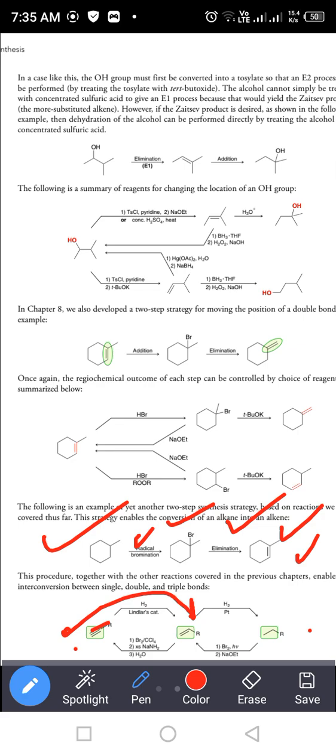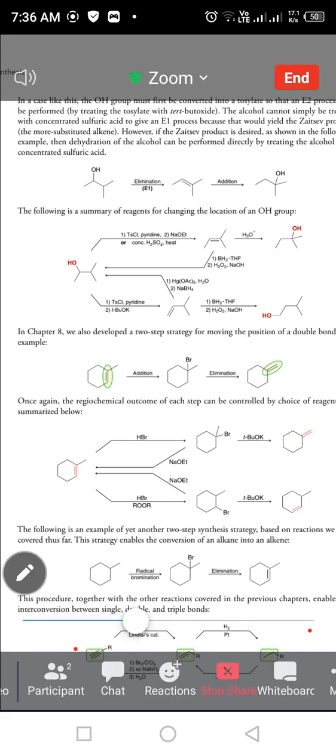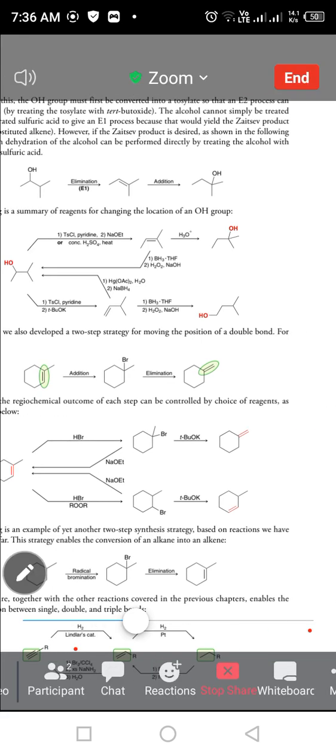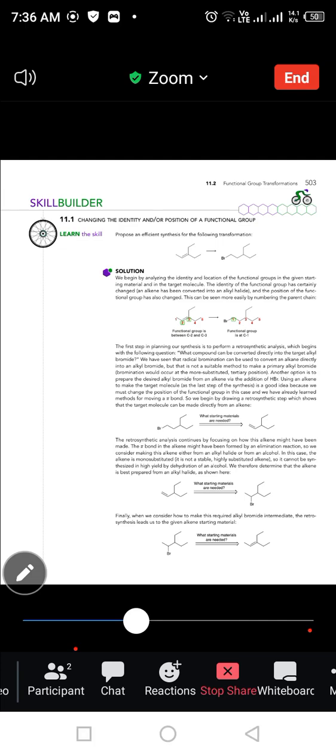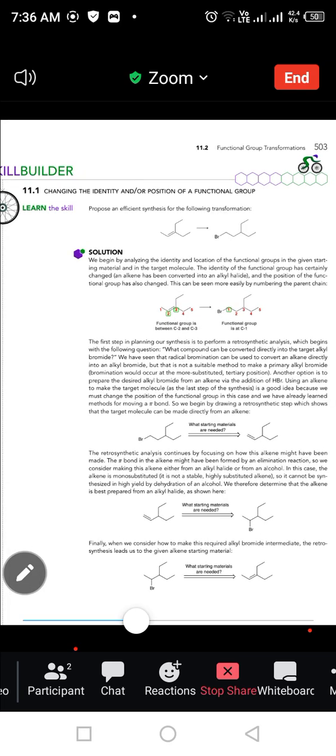Yes, if we do hydrogenation again, the alkene can be changed into an alkane. So varieties of reactions may be given, and we have to synthesize a particular functional group. I think this organic synthesis is just a revision of the previous chapters. If we have a concept of the previous chapters, then this synthesis is very easy.